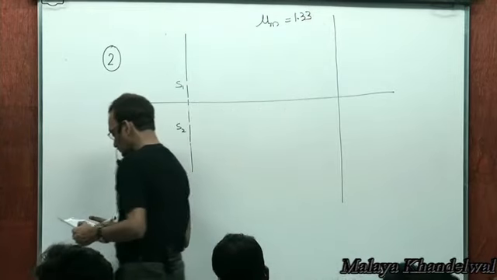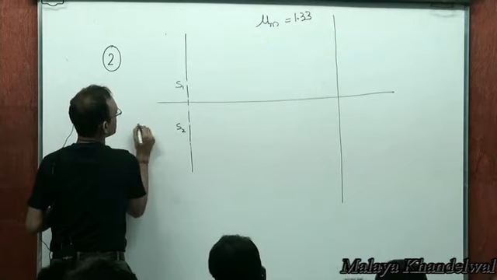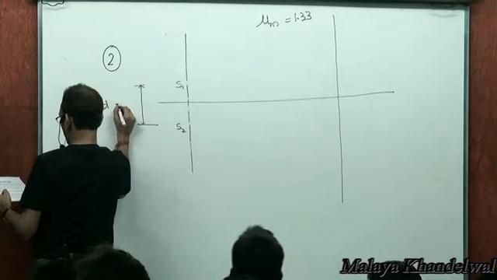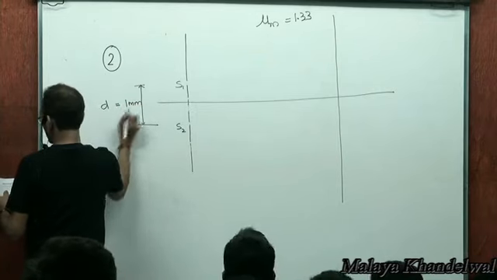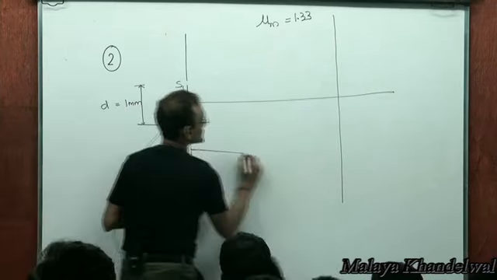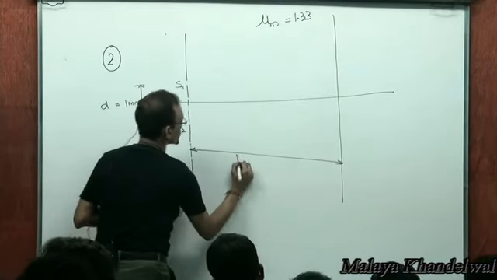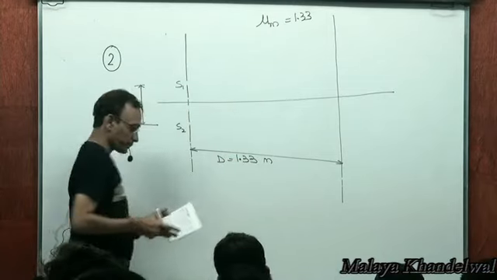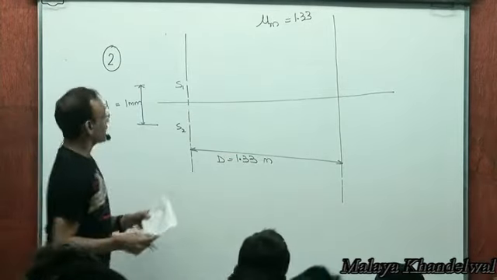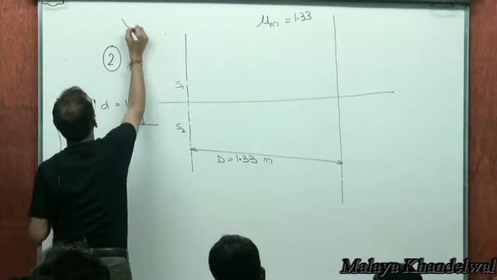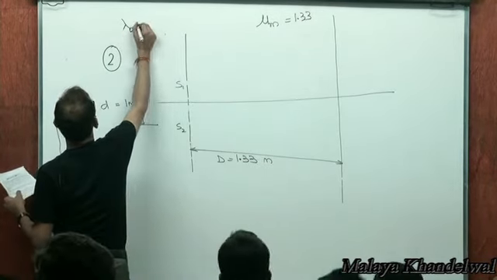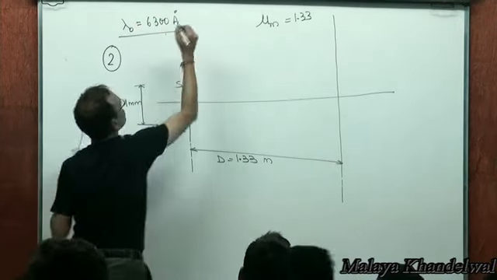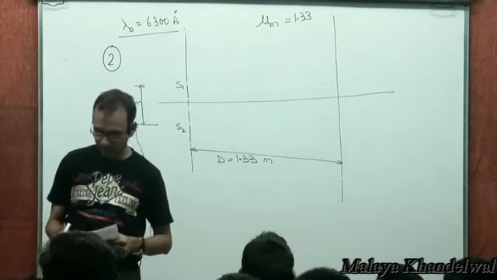There is a slit separation d equal to 1 mm, and capital D, which is 1.33 meters. The slits are illuminated by a parallel beam of lambda in air, lambda naught means lambda in air, of 6,300 angstroms.